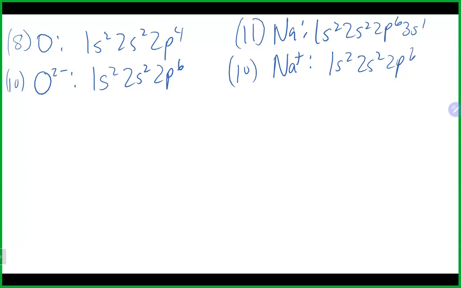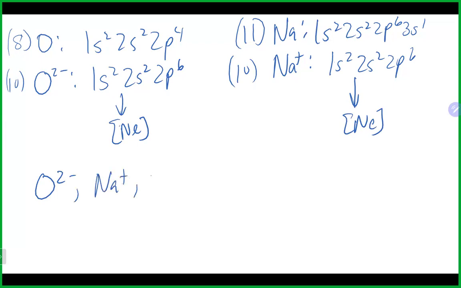By the way, that's also the electron configuration for who? How many electrons is that? It is neon's configuration, right? All 3 of those things, oxygen, which is oxide with a -2 charge, sodium ion, and neon, they all have the same electron configuration.